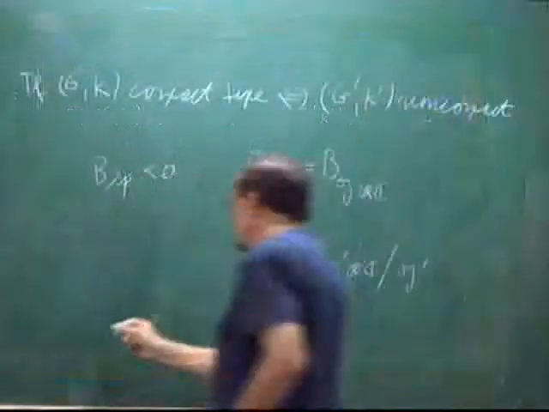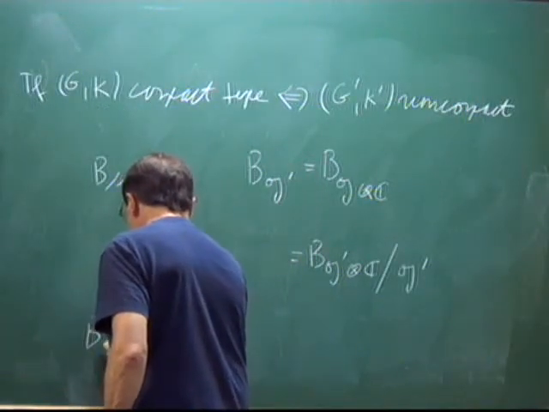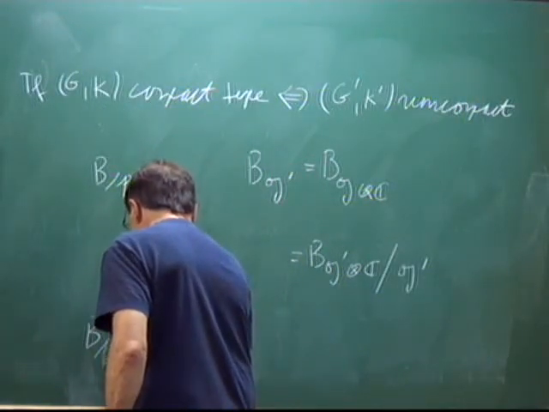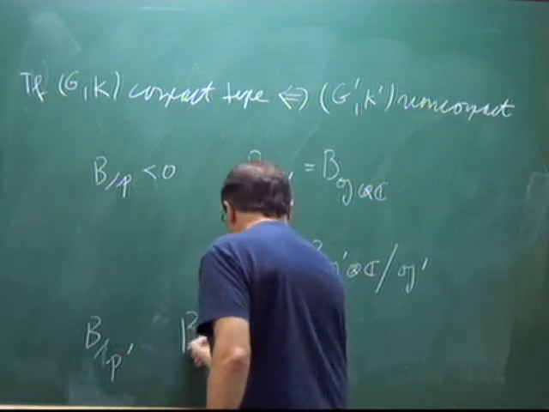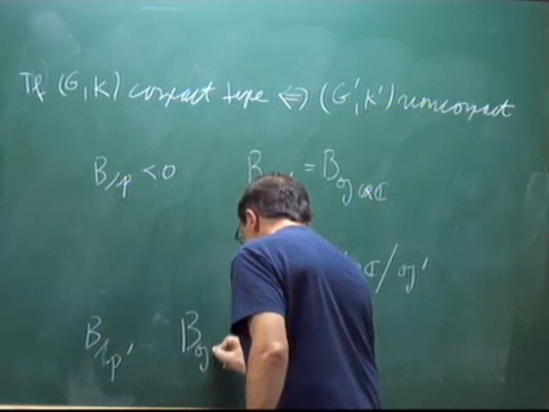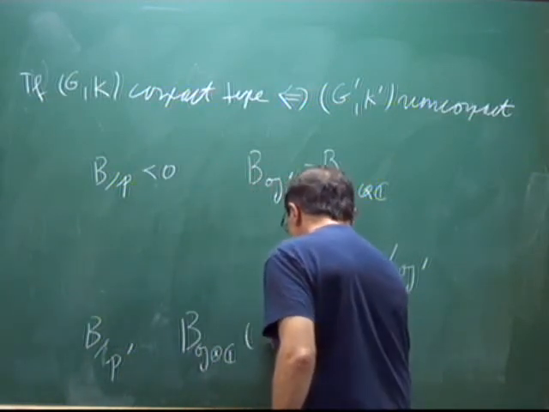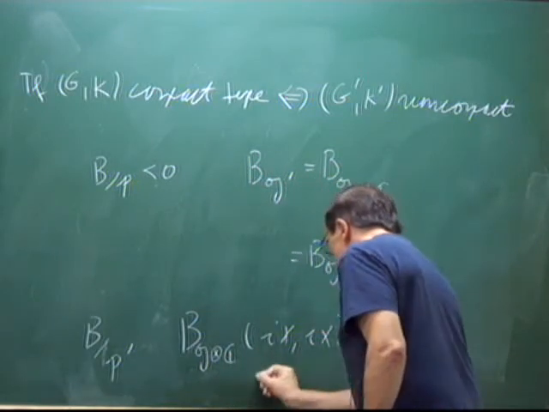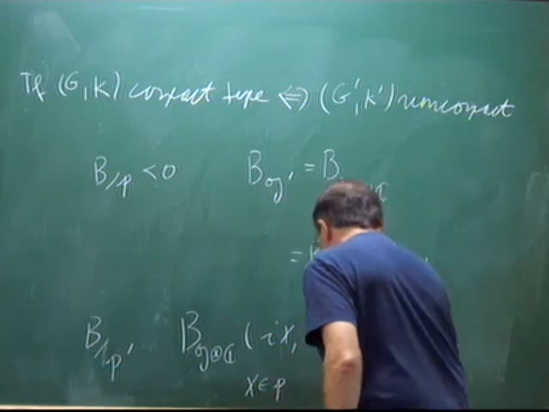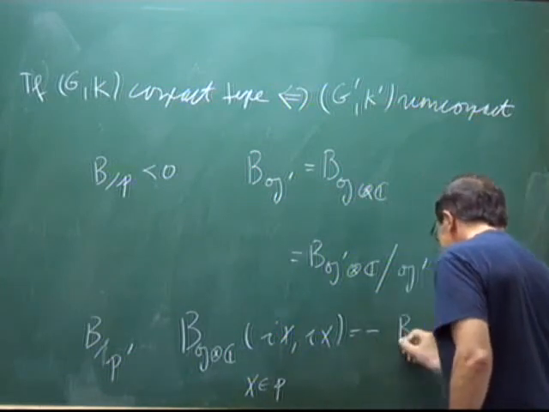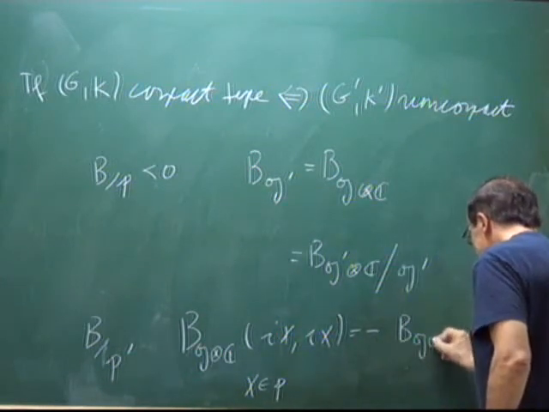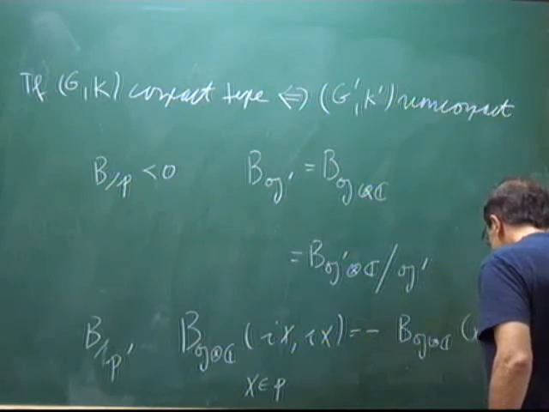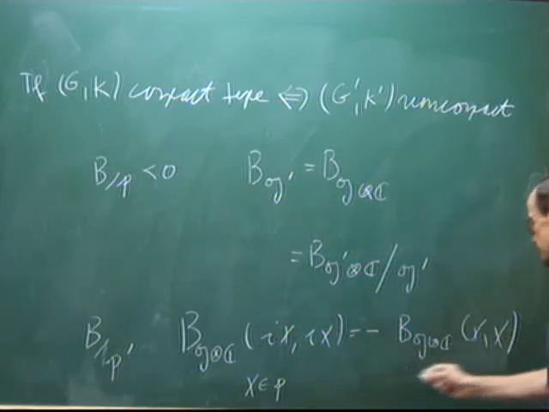So what's B restricted to P prime then? Well, that would be the Killing form on the complexification of iX, where X lies in P. Well, that's minus B_{G tensor C}(X, X). This is positive, so this one is negative.